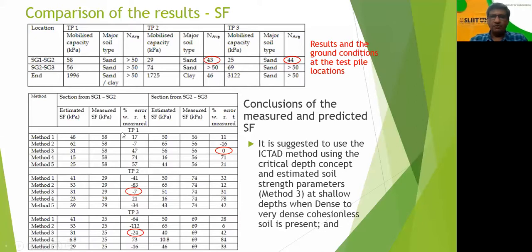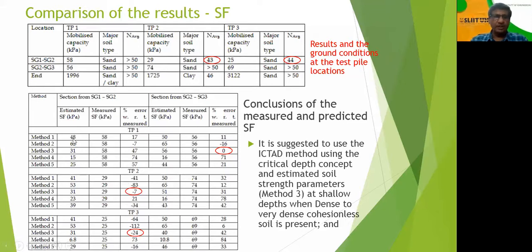So now if you look at the first prediction here, let us leave aside test pile 1 and look at test pile 2 and test pile 3. This is strain gauge 1 and strain gauge 2. You have SPT N value 43 here and 44 here. This is the difference between the predicted value and the measured value.